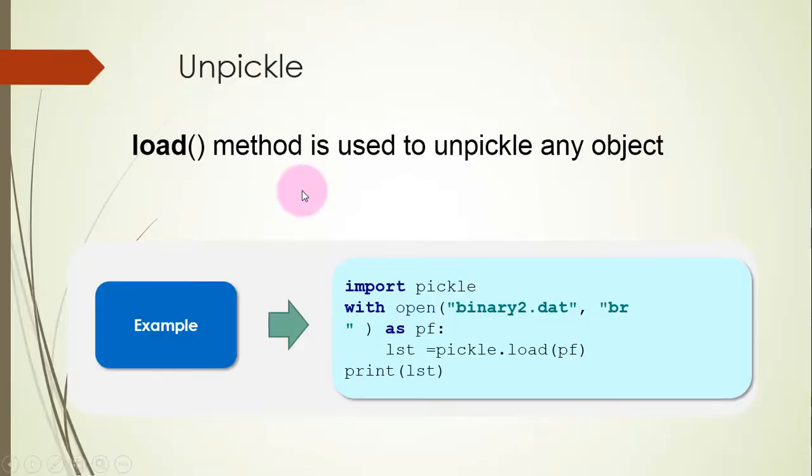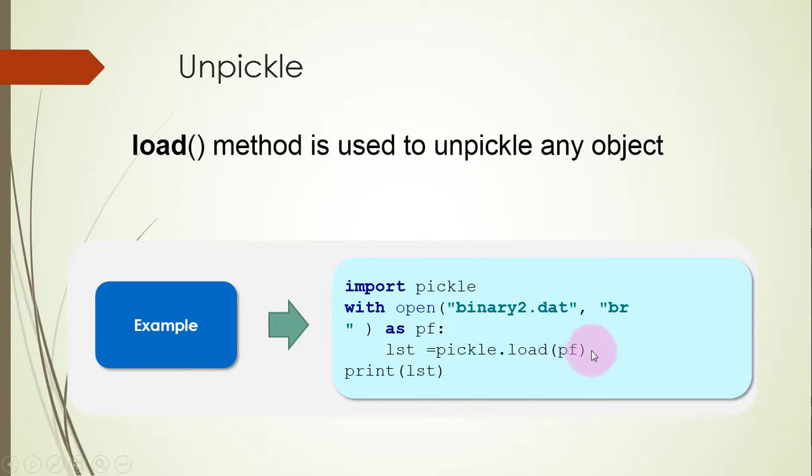To unpickle information stored in a file, we need the load method from the pickle package. So let's see how to do it. First of all, as usual, we have to import the pickle library. Then we have to open a file in binary read mode, and then we are going to have a variable which will store our data which is read back from the load method. pickle.load is the method which you have to notice, and pf is the file stream.